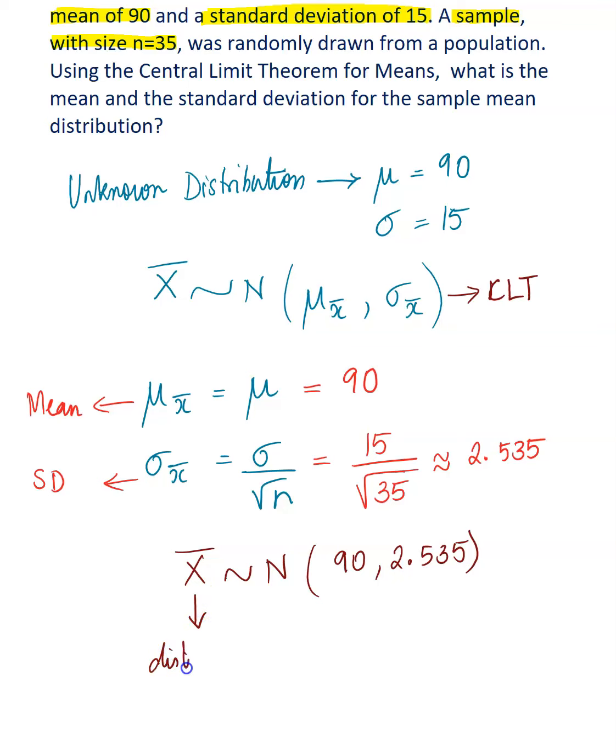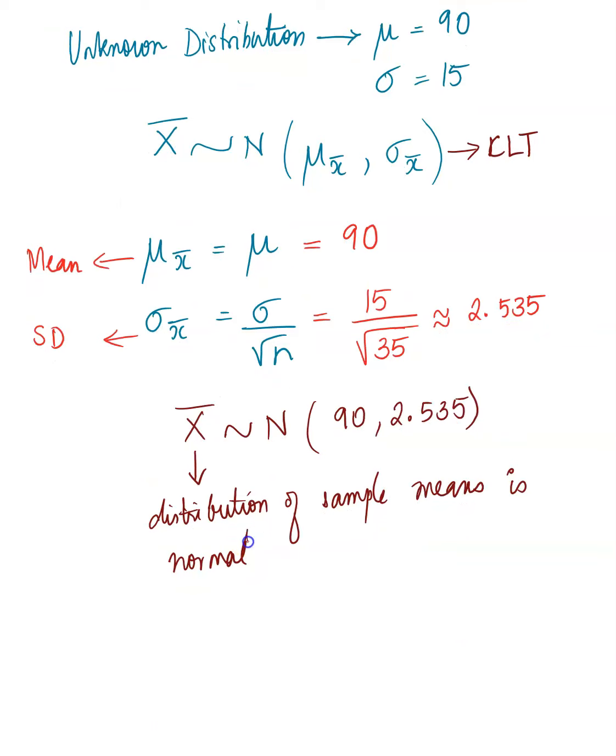So I'll say the distribution of sample means is normal with mean 90 and standard deviation 2.535.